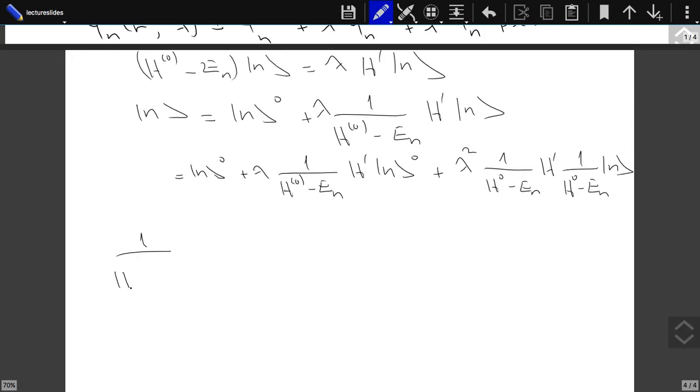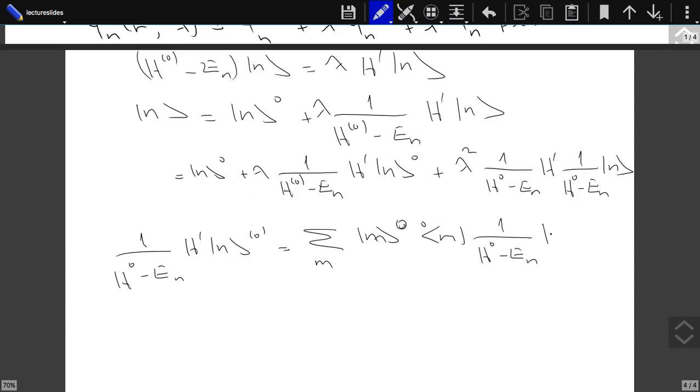Let's say 1 over (H0 minus E_n) H'|n0⟩. This will be equal to the sum over all |m0⟩⟨m0| 1 over (H0 minus E_n) H'|n0⟩. Well, the H0 operator, this is just a number.